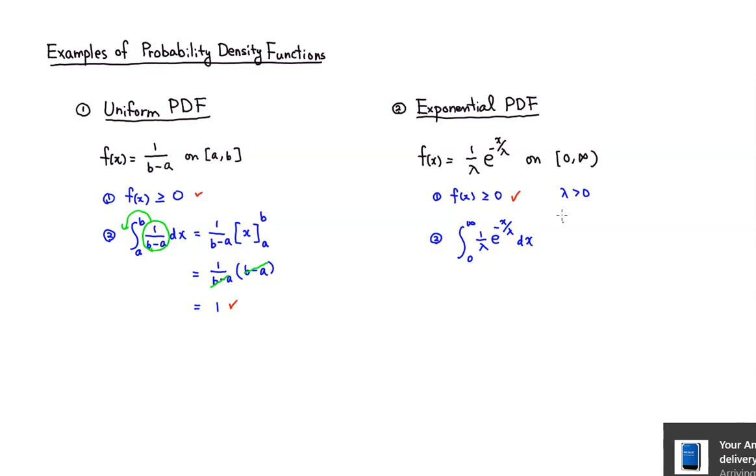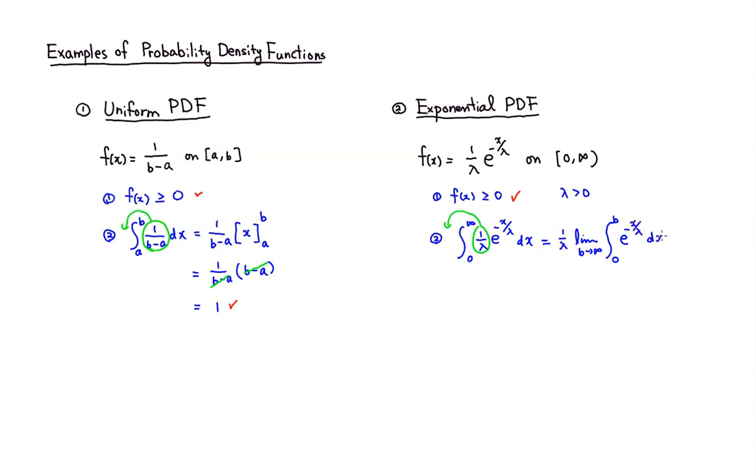First, I'm going to pull out the 1 over lambda, so it comes out. Since it's an improper integral, I'm going to use a limit as b approaches infinity, replacing the upper limit by b. Then you have e to the negative x over lambda dx. So we just have to compute this, and I'm going to take care of the limit later.